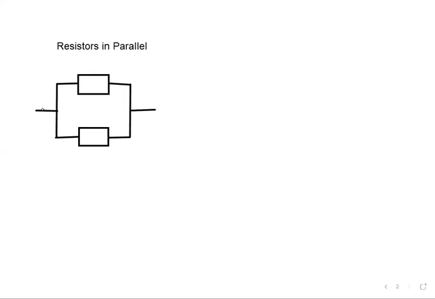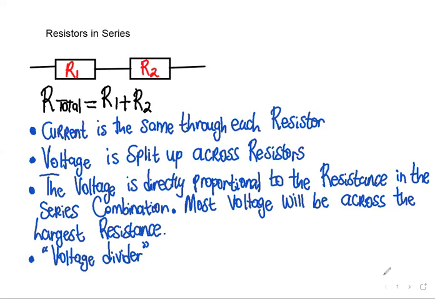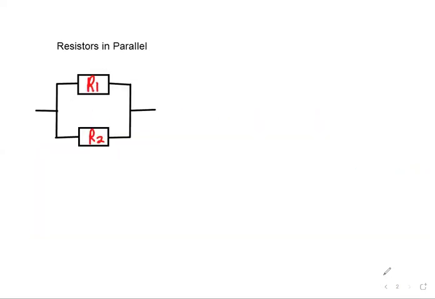Let's say this one will be represented by R1, the first resistor, and then you're also going to have R2, the second resistor. The previous one was resistors in series, but this one is resistors in parallel.